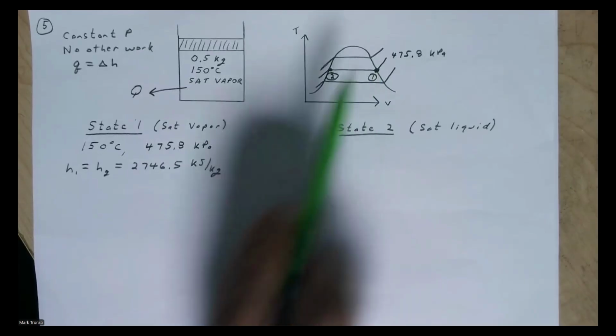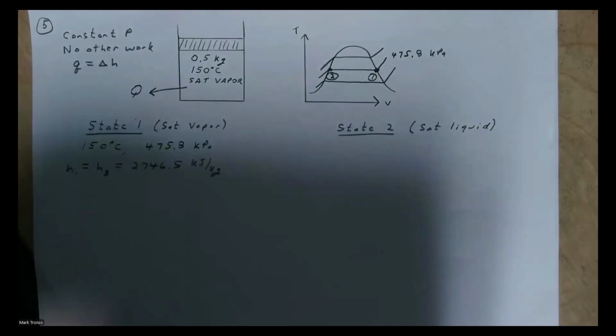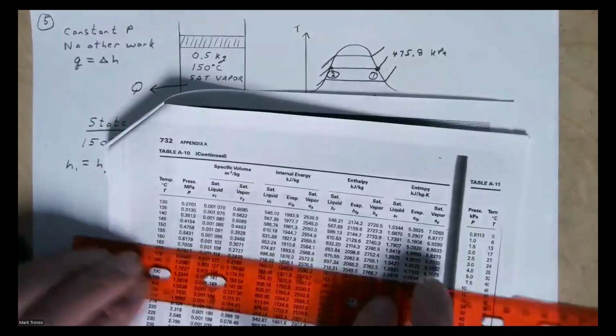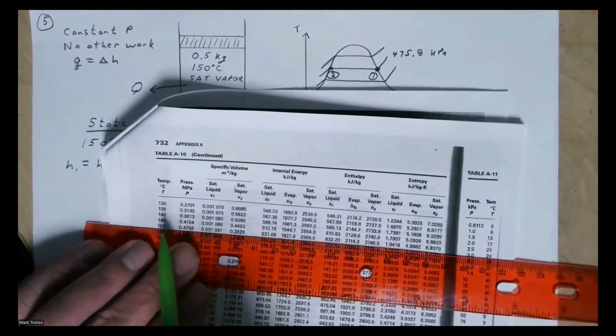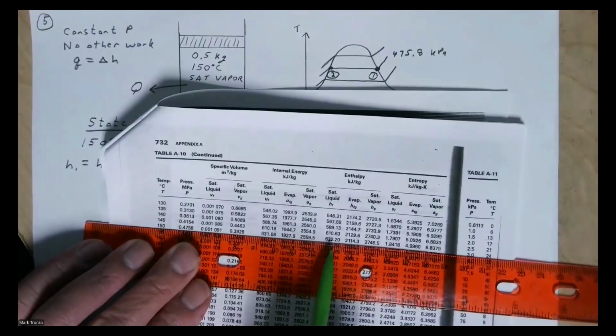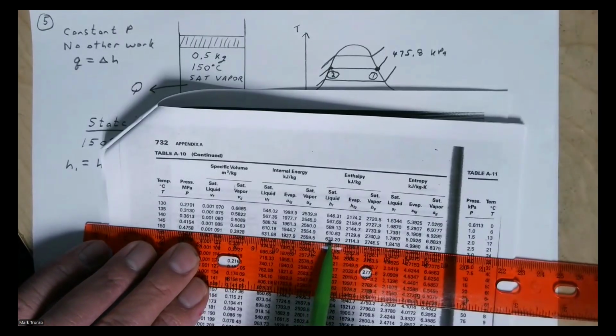So we can use that same row that we used. We're at 150 degrees C, and we're going to this time use Hf because we know we're a saturated liquid, and that's 632.2.